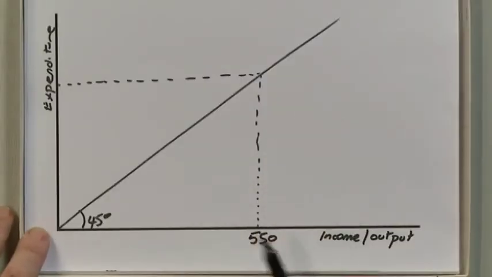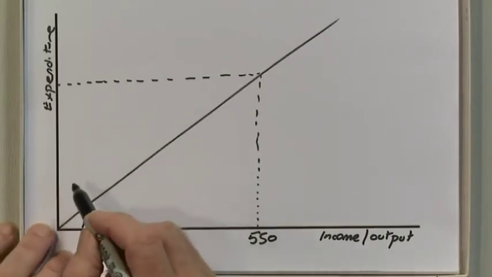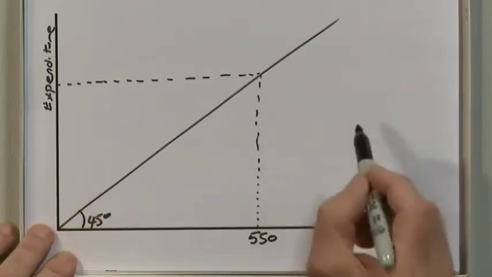Here's the actual expenditure as against actual income that we had earlier. Now I'm going to plot the planned aggregate expenditure. And it looks something like this. Some elements are autonomous, but some are induced by rises in income.